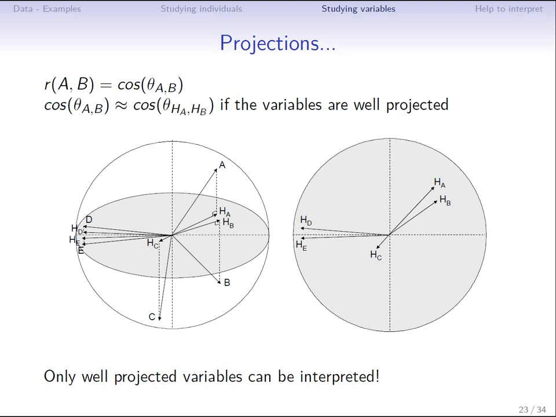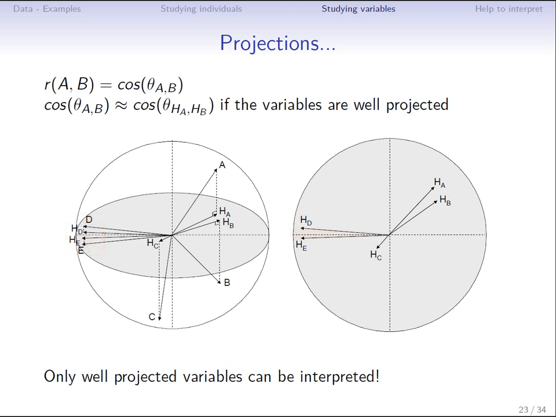For instance, the variables d and e are very close to the projection map. So the projection of variable d, h_d, is very close to d because the variable d is close to the projection map. This is the same for h_e, which is close to e. So the angle between d and e is very close to the angle between h_d and h_e.